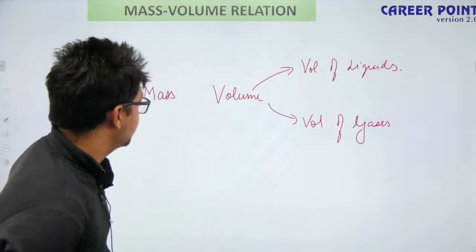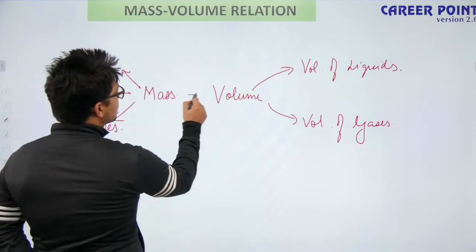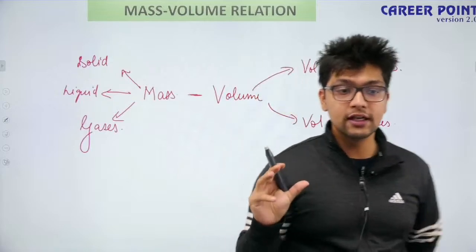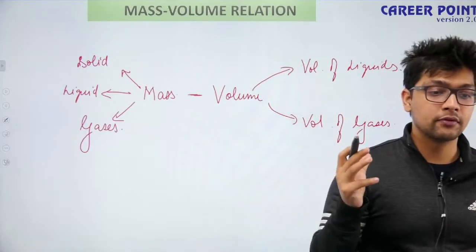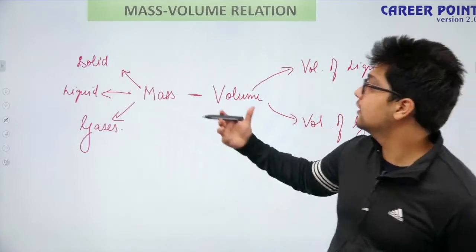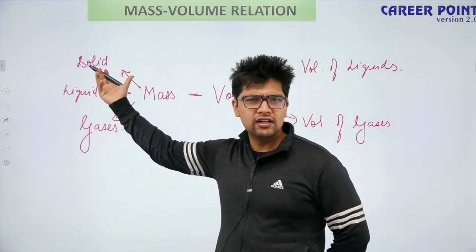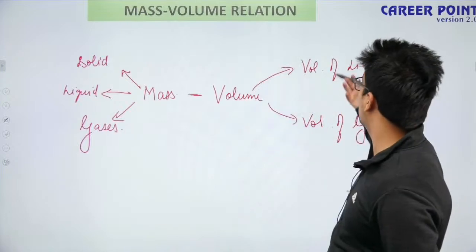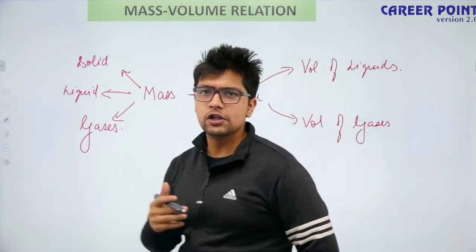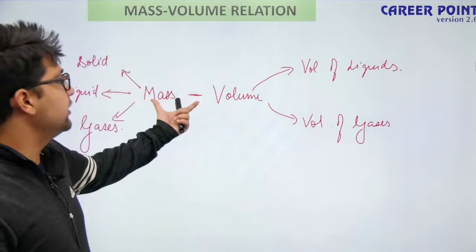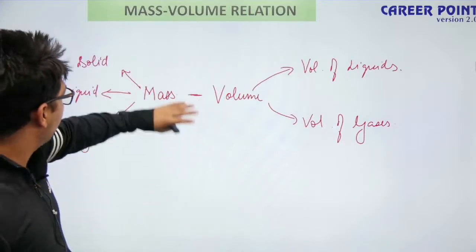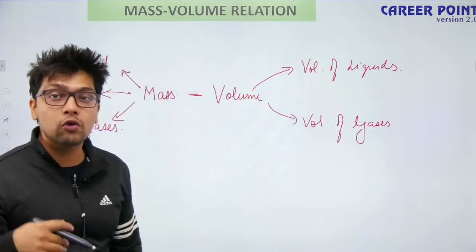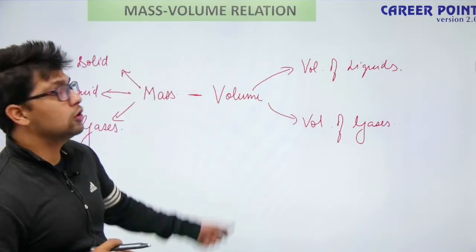Okay. So regarding the mass volume relationship, what will happen in these type of questions? You will be given the mass of, let's say, a solid or liquid or gas, or you will be given the volume of some liquid or gas. So either two of these will be given, one from this side and one from this side. So how to solve questions based on mass volume relationship?